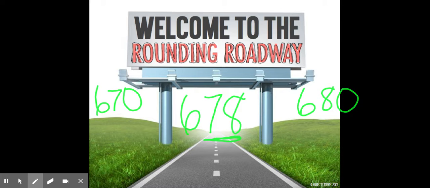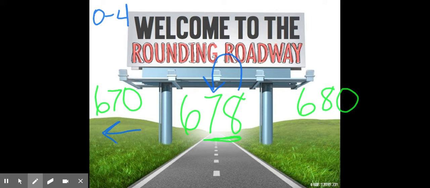So we're going to take a closer look at that ones place to figure out which 10 is nearest. So that ones place is the neighbor to the right, who's always right and will tell us what to do. If the digit in the ones place is 0 through 4, that would be 0, 1, 2, 3, 4, then it would tell 678 to round down to that 10.